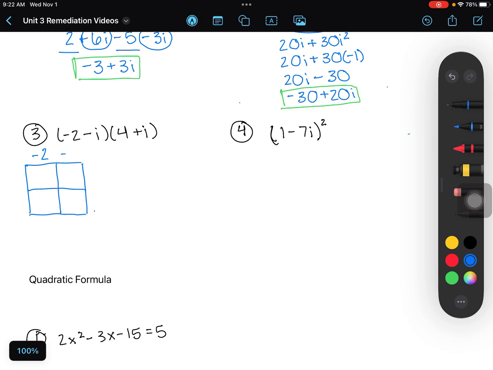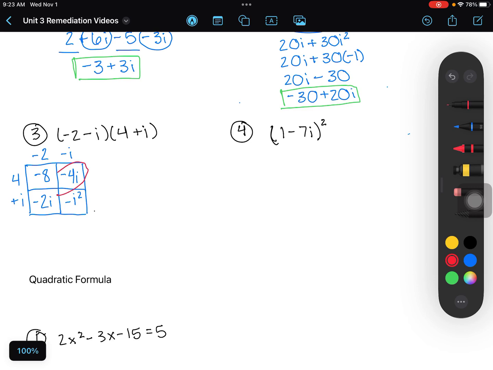So I have -2 minus i on the top, 4 plus i on the bottom. And I'm going to multiply to get what's in each box. So -2 times 4, -8. -2 times i, -2i. -i times 4, -4i. And -i times i would be -i squared.